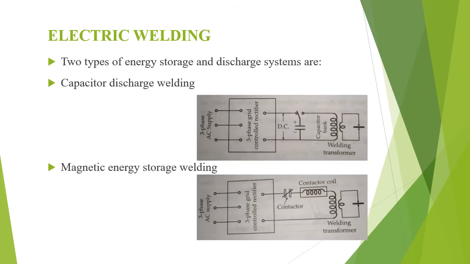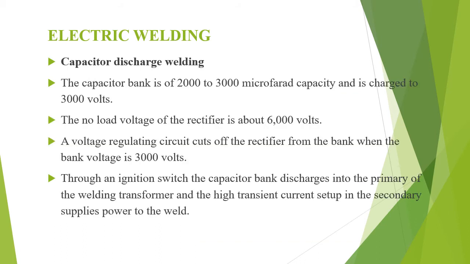Two types of energy storage and discharge systems are capacitor discharge welding and magnetic energy storage welding. Capacitor discharge welding. The capacitor bank used is of 2000 to 3000 microfarad capacity and it is charged to 3000 volts.